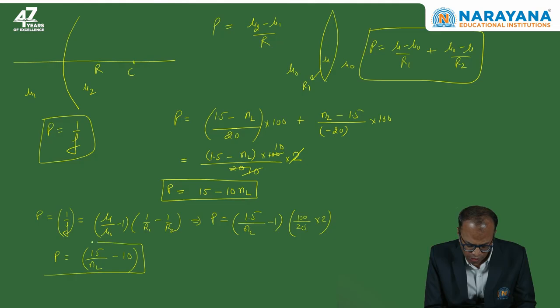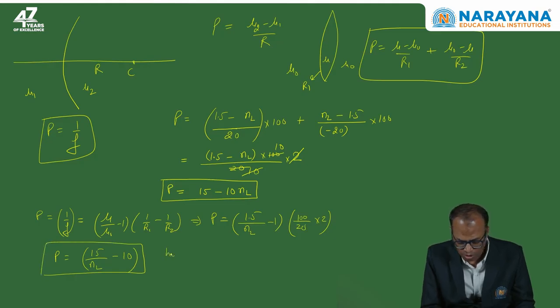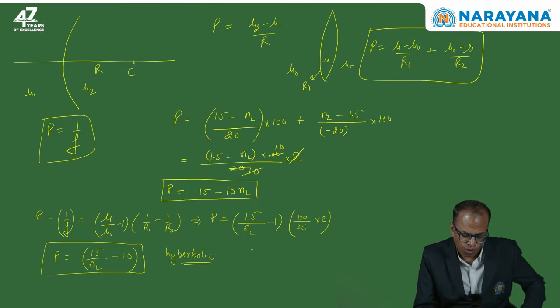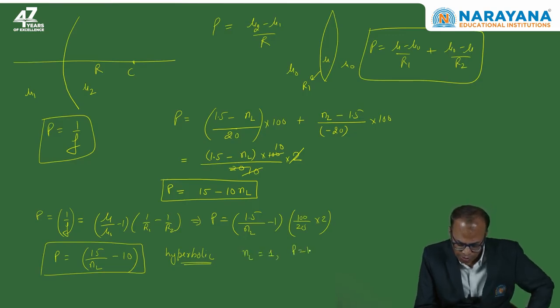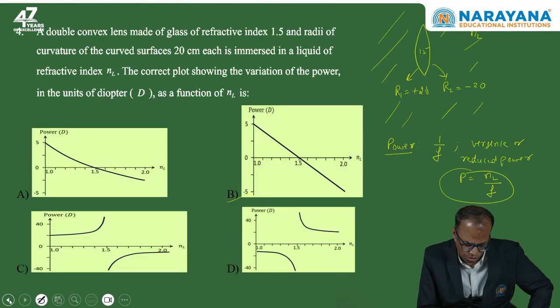In that case, this is some hyperbolic kind of variation, and with that hyperbolic variation you can see when NL is 1 the power is 1.5, and when NL is 1.5 the power becomes 0, and you can check out the options.